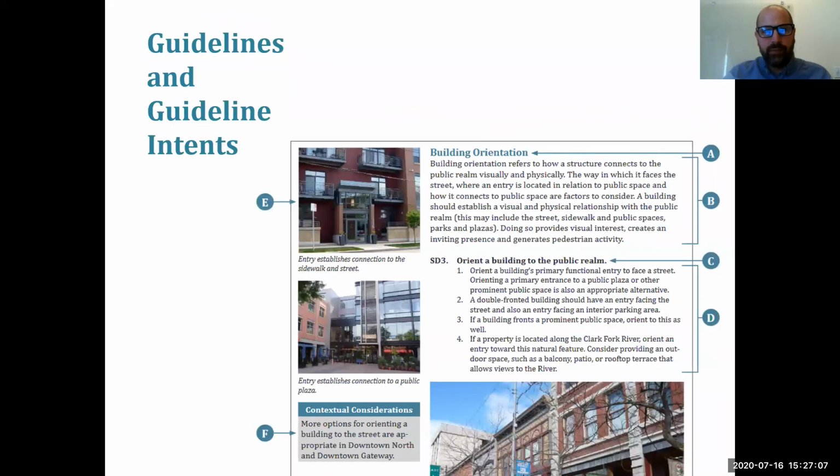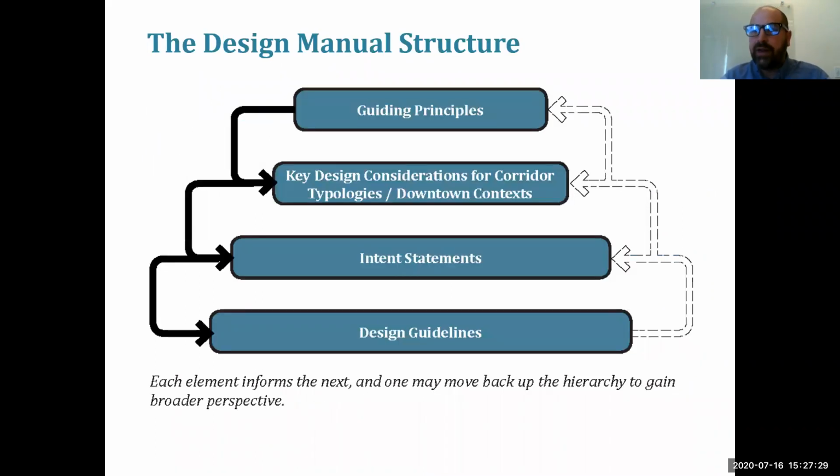And then once you get to the guidelines themselves, the manual is mainly devoted to a series of guidelines that are broken down by category, like building orientation, which has specific guidelines that it's looking to meet, if applicable. I want to convey that this is an approach in the manual that we use to evaluate how guidelines are being met and how design variations should be evaluated.